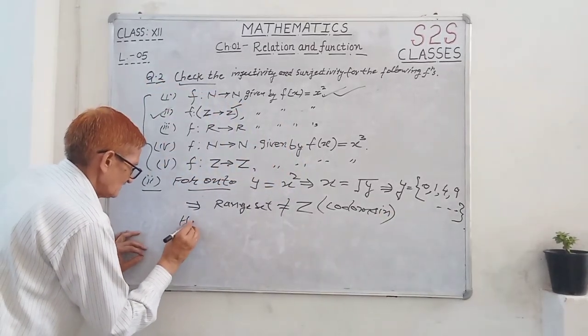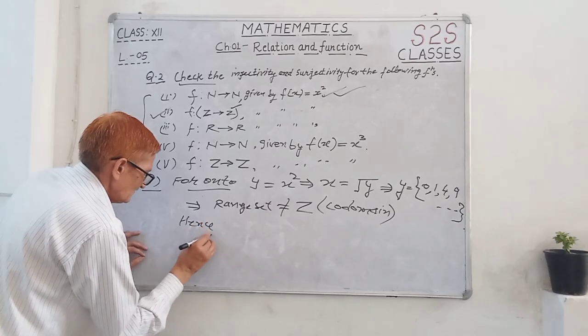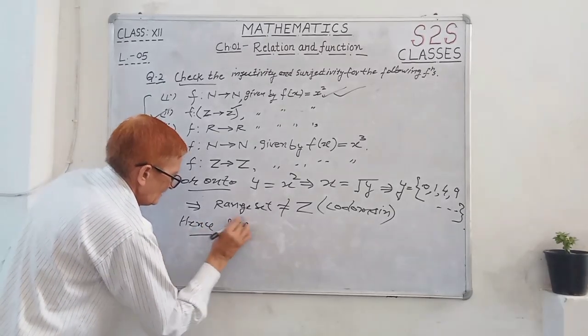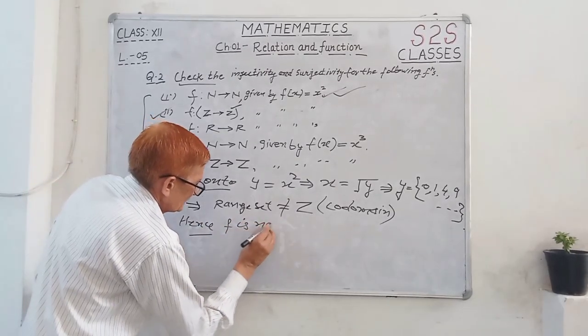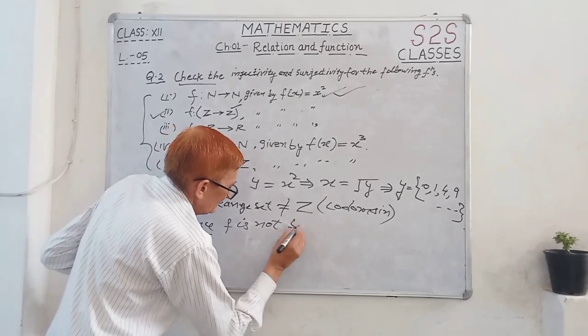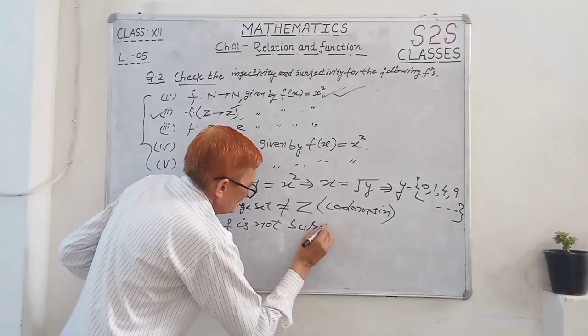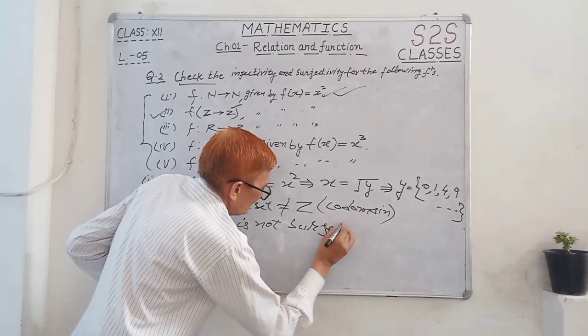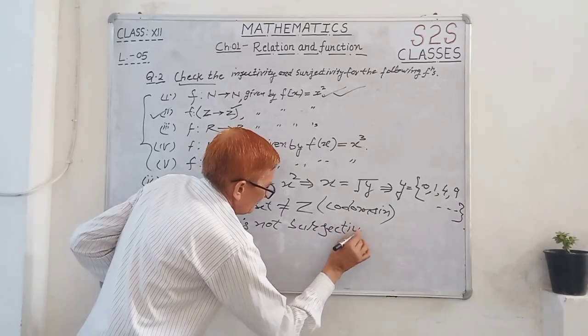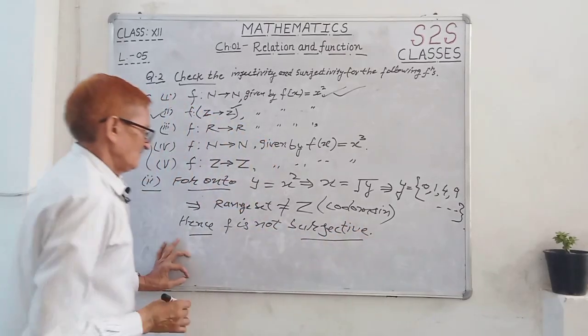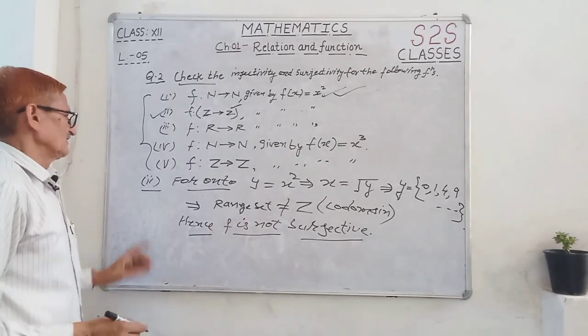Hence f is not surjective. Onto means surjective. F is not surjective. Done.